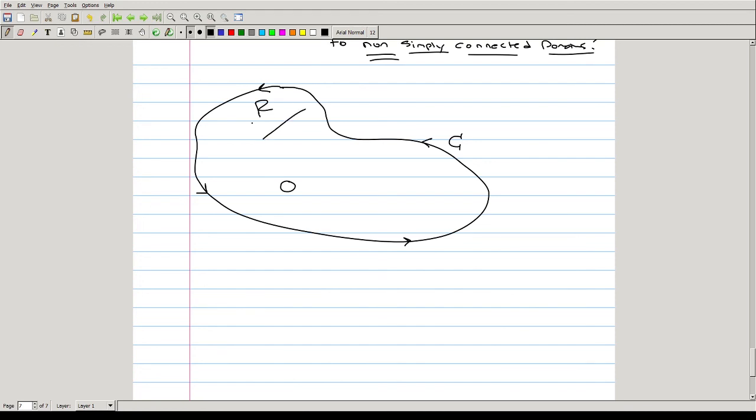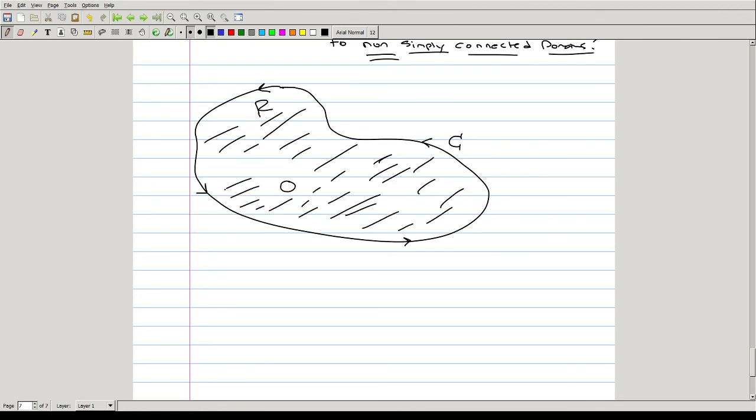And R is all of this space right here. And this hole, I should say the contour around this hole, I'll call C1.